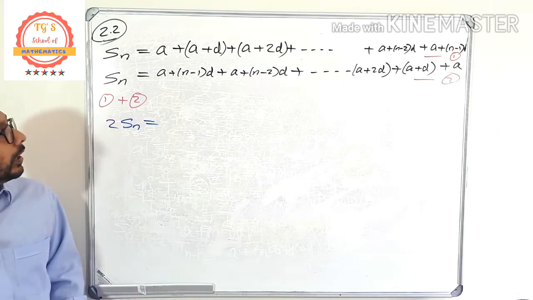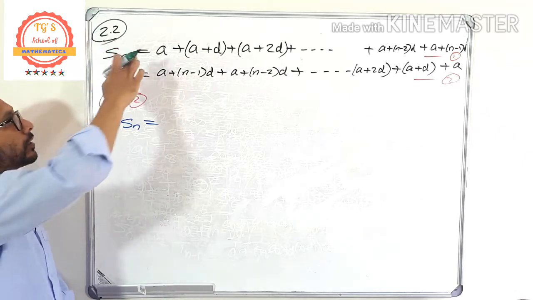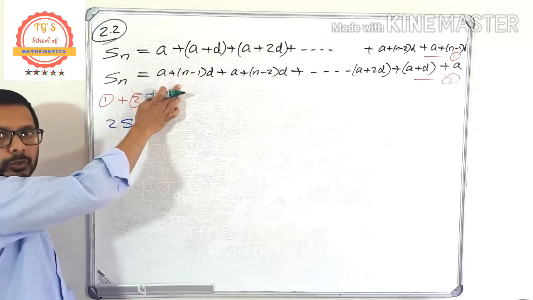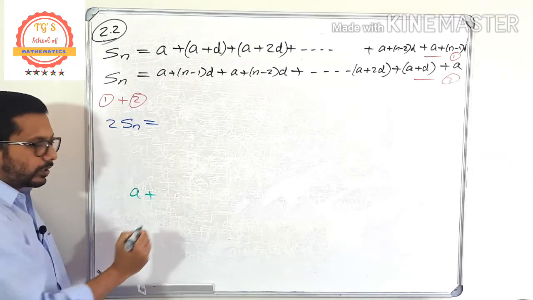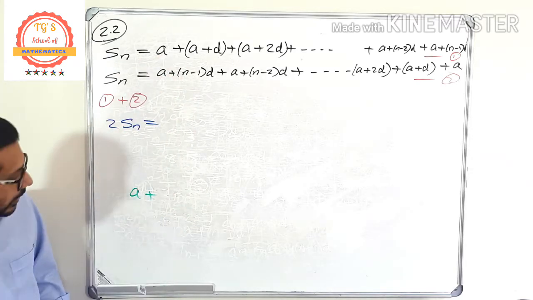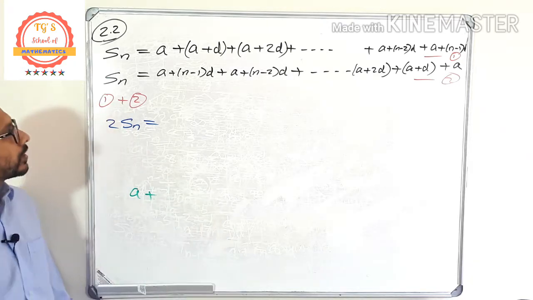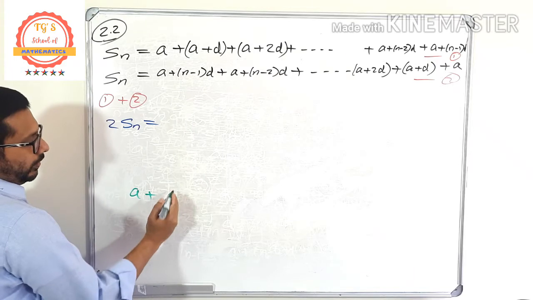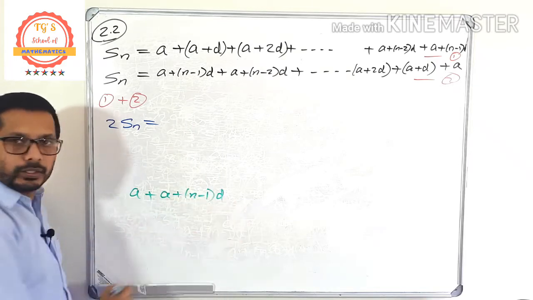We are supposed to add term by term, first term on this one plus first term on this one. So what is the first term here? A plus, then the first term on the second equation. What is the first term on the second equation here? A plus n minus 1 into d. Am I right?